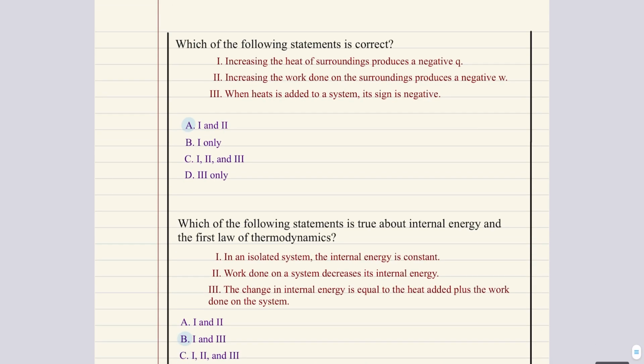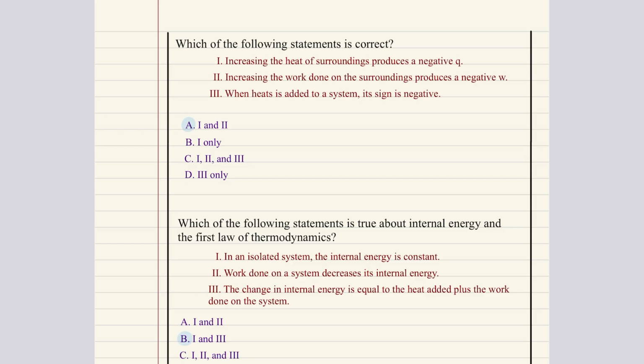Problem 2 says, which of the following statements is correct? From a quick glance, we're being asked to evaluate 3 statements about heat and work. So let's take them one at a time and think about them from the system's perspective, which is the standard convention in thermochemistry.